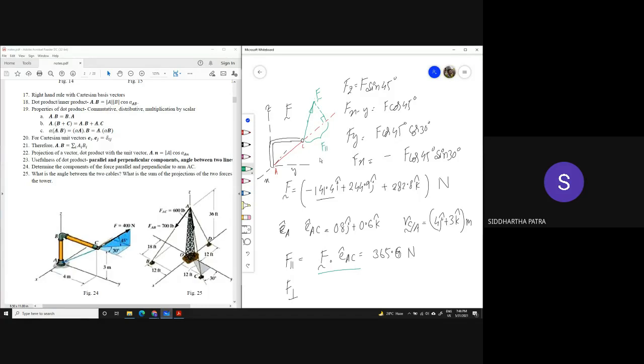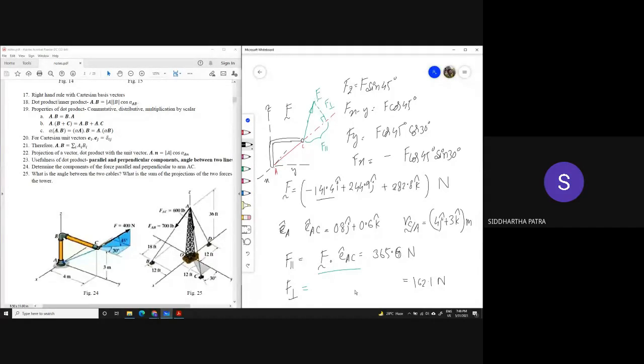Now what is remaining of F is F perpendicular. So how do we get F perpendicular? The Pythagoras theorem. Yes, sir, it is coming to 162.1.